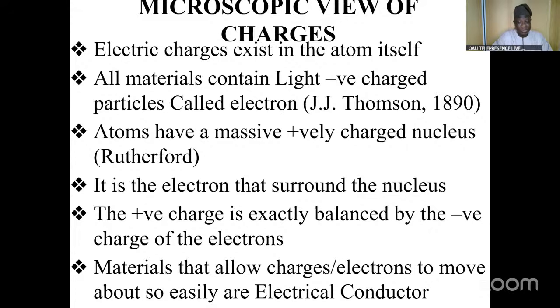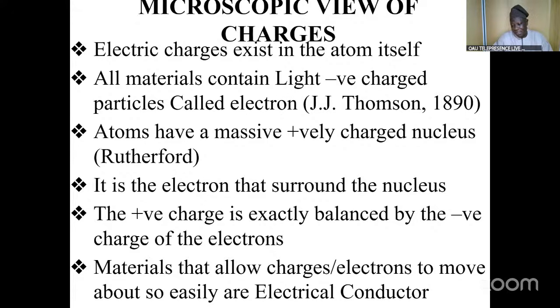Materials that allow charges or electrons to move about so easily are electrical conductors. Can you see the definition coming out now? That is, any material that allows charges or electrons, meaning that we have taken into consideration the meaning of the two, so that when I represent in any equation that your Q small letter is equal to E, and I give you the value, it is still the same.